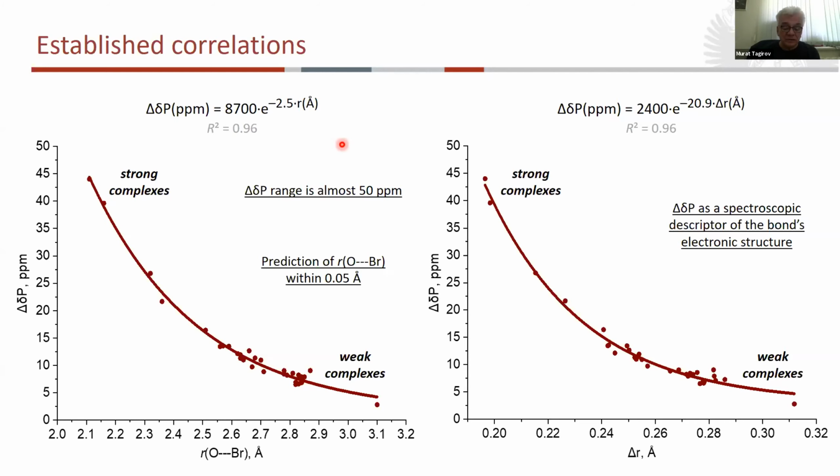Here you have R in angstroms, right? How is it possible? It should be normalized: 2.5 will be divided by the angstrom, but I omitted this in these dependencies just to make it clearer.